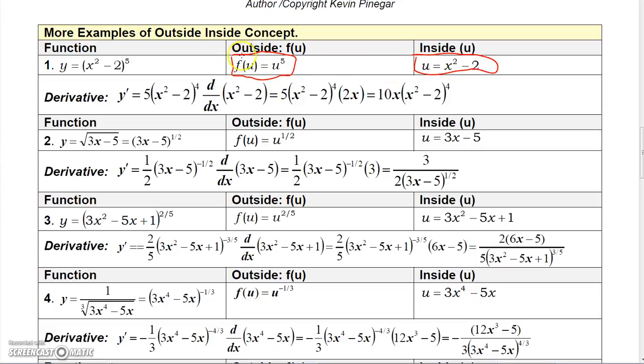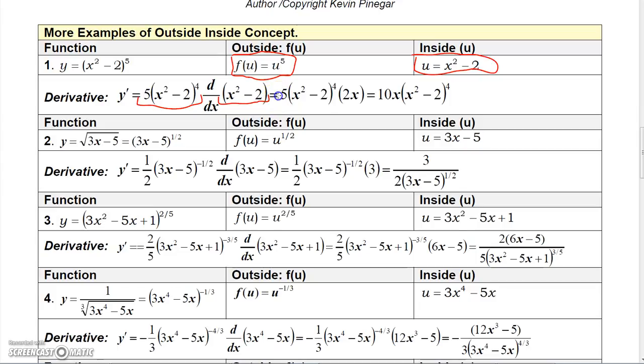So take the derivative of the outside, using the power rule, I'd have 5u to the 4th, but since u is x squared minus 2, that's the same as 5 times x squared minus 2 to the 4th. And then I multiply that by the derivative of the inside, which is the derivative of x squared minus 2, which is 2x.